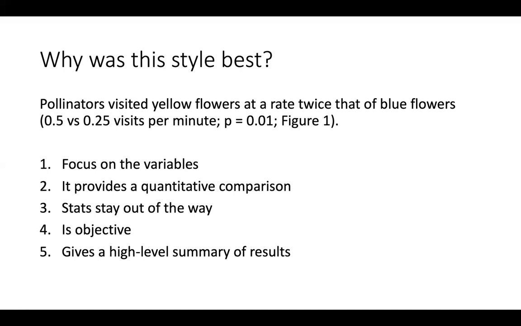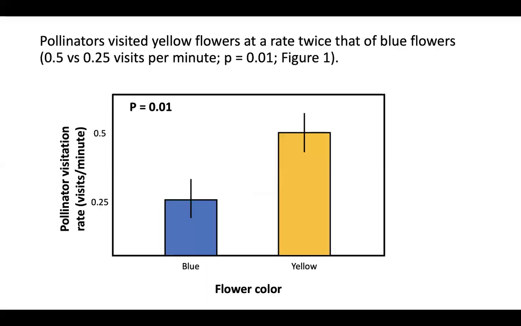And what's nice about this is that it can stand alone from a graph. Someone can read it and understand exactly what you found. But also, this can pretty much be translated exactly into a graph. So these are, again, like I said, 2 standalone sections where essentially we're seeing yellow flowers had twice the visitation rate of blue flowers at this exact number.